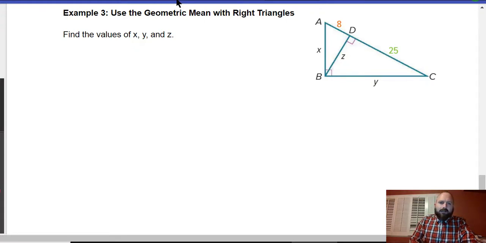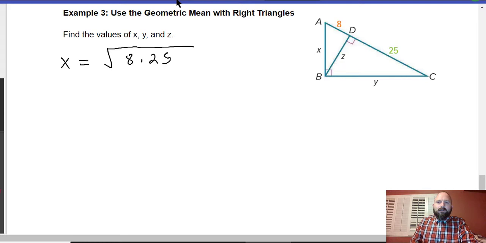I understand that I can figure out the geometric mean of this x right here. So x is going to equal the square root of AD times AC. So 8 times 25. That's going back to the geometric mean leg theorem that we had right up there.